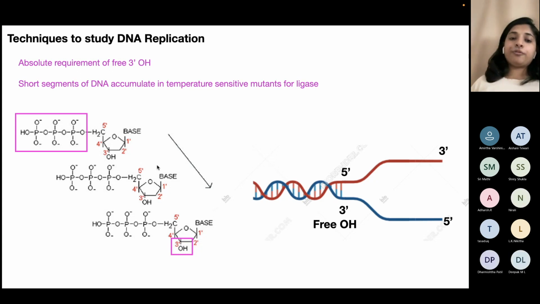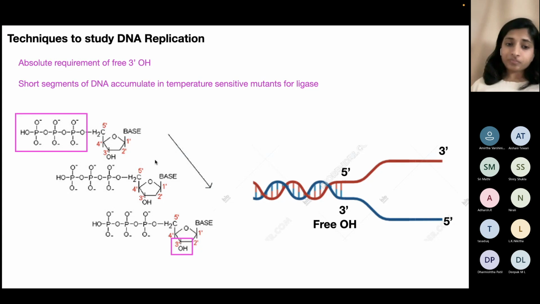Before studying the synthesis of DNA, they had two observations. They observed that the polymerase enzyme is capable of adding bases only to a free 3' OH. They realized that this enzyme cannot add bases to the 5' end of the strand.